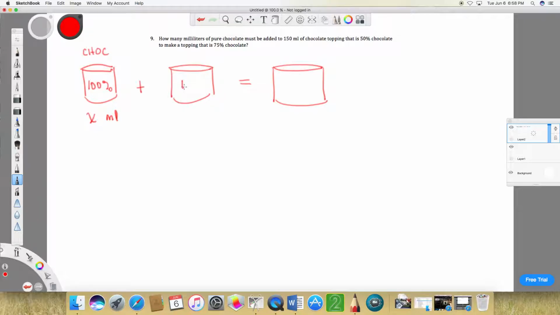We have a 50% mix, so a 50% solution, and we know that we have 150 milliliters of it. Our final concentration has to be between these two values, and it is 75%. And if we add X milliliters plus 150 milliliters, then we'll have X plus 150 milliliters as our volume.